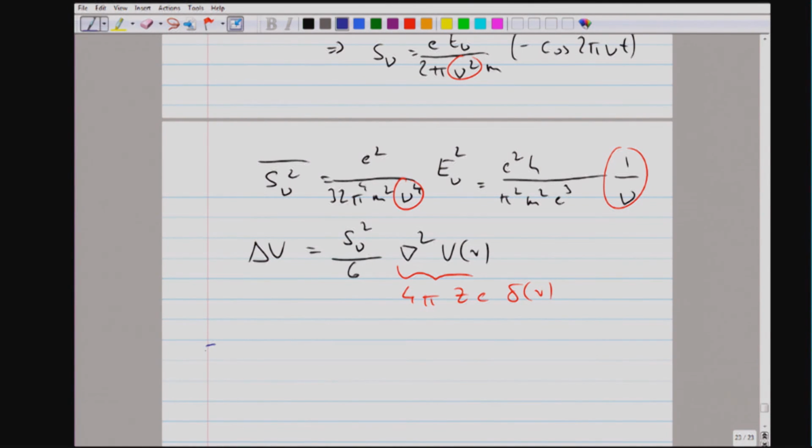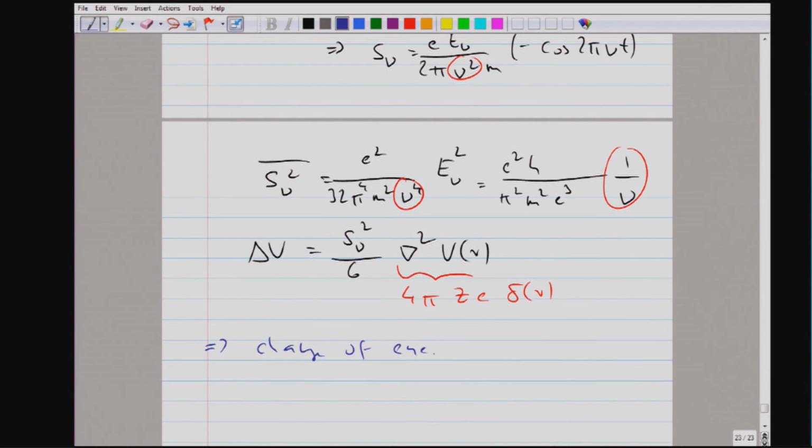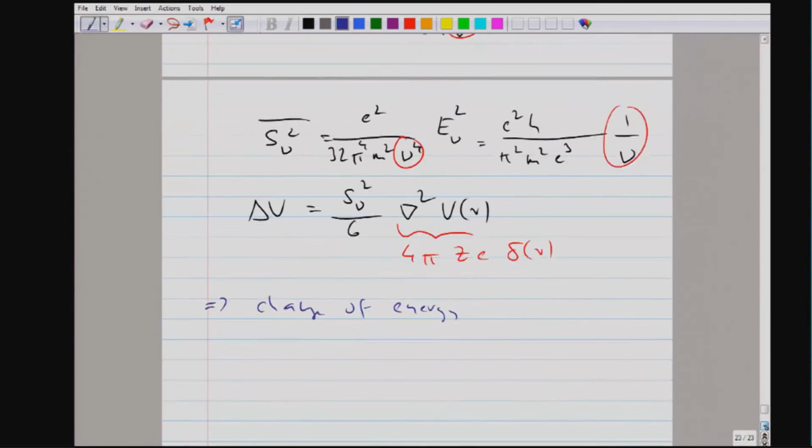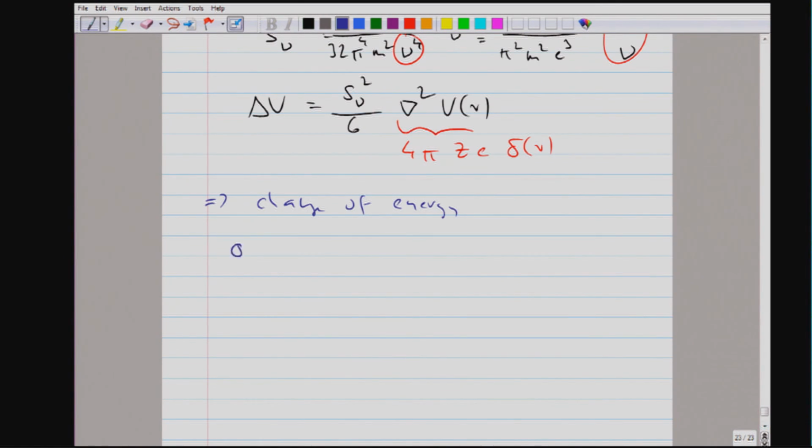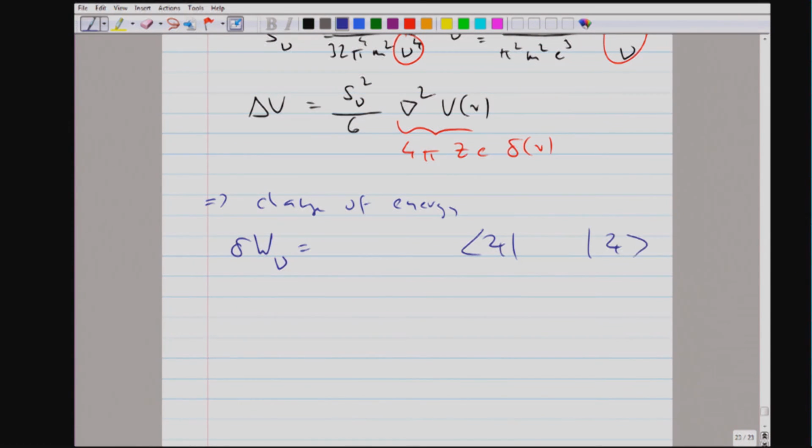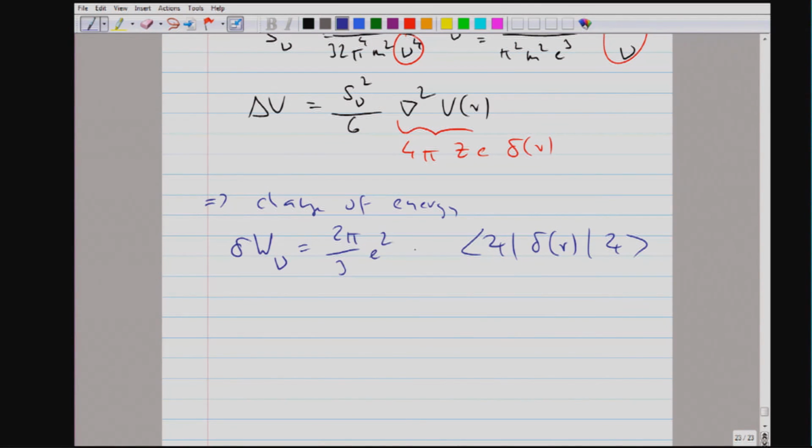That means we get a change of the binding energy of the electron, which is nothing else in perturbation theory than the matrix element of the perturbation operator. But this perturbation operator was a delta function. And we have the prefactor, which is the spectral density of the displacement S nu square.